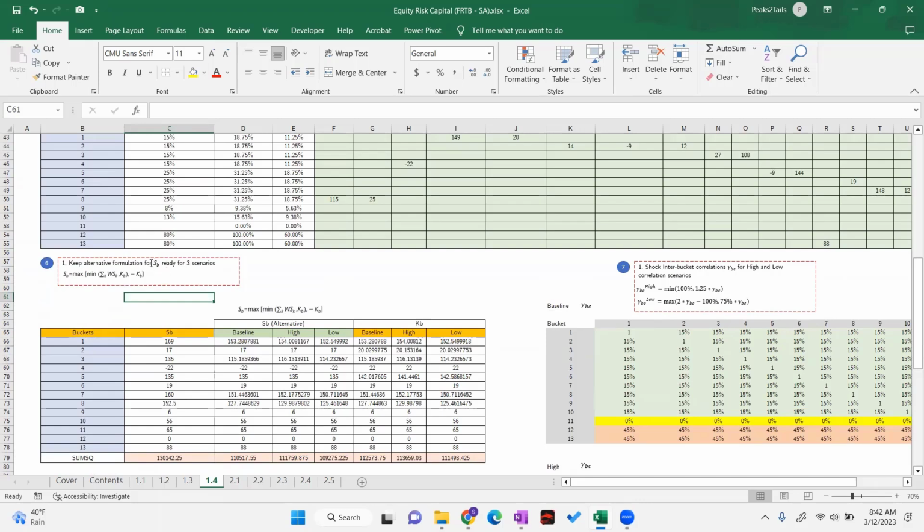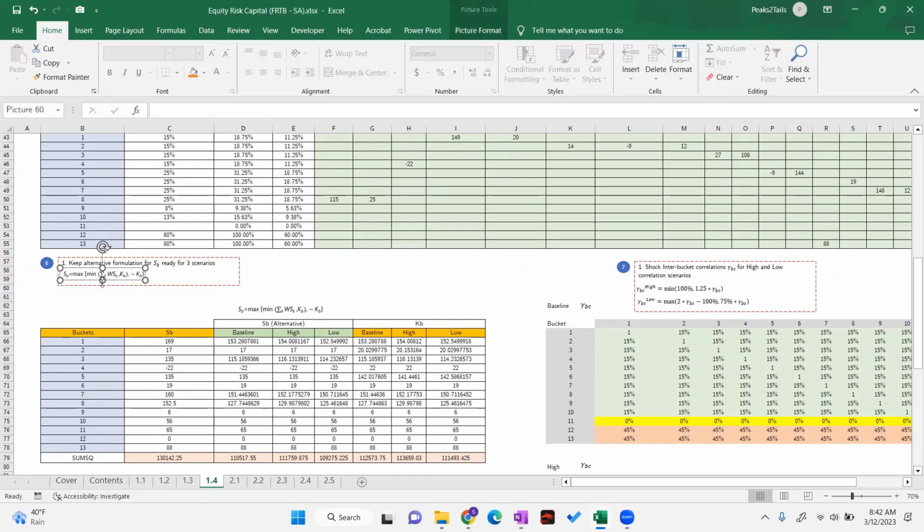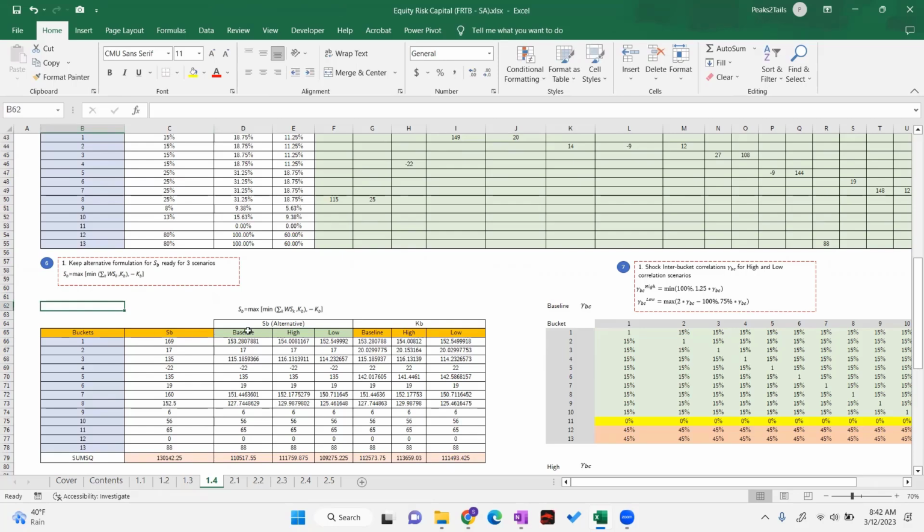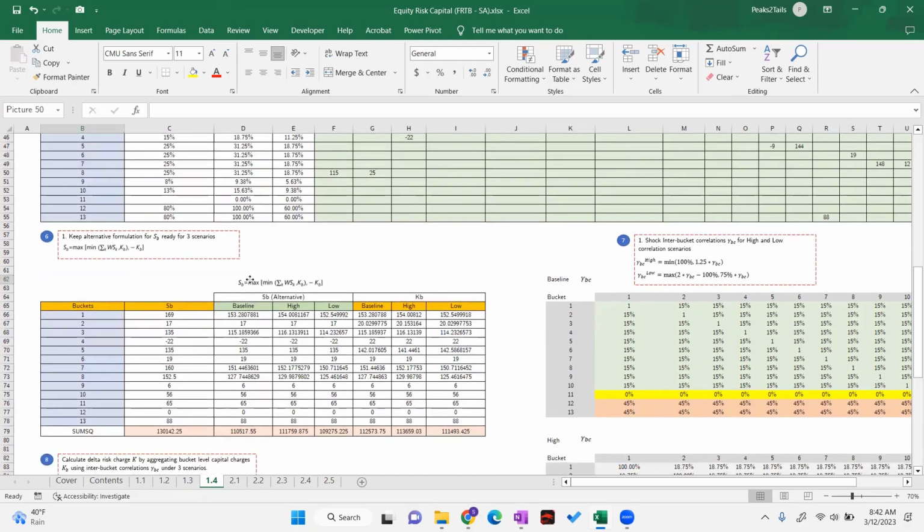We have SB, the sum of weighted net sensitivities. For each bucket, I can just do a simple sum of all weighted net sensitivities across all risk factors. But you need to keep in hand the alternative formulation for SB. That will be used if a certain condition is true. So I'll show you the alternative formulation.